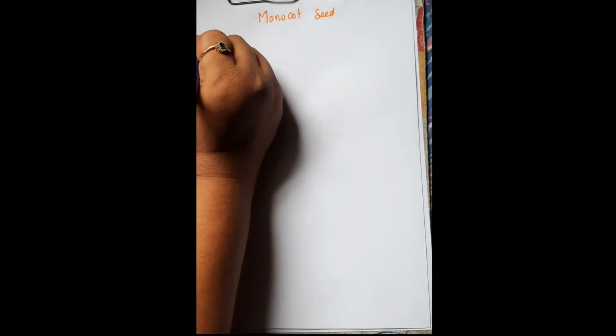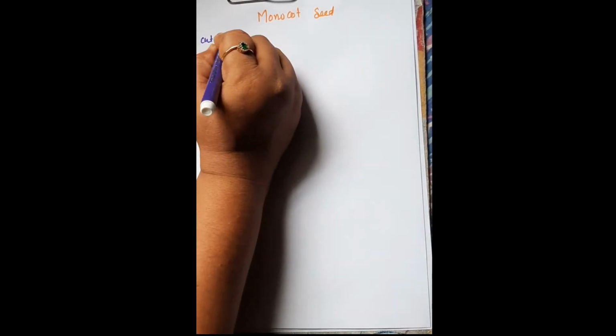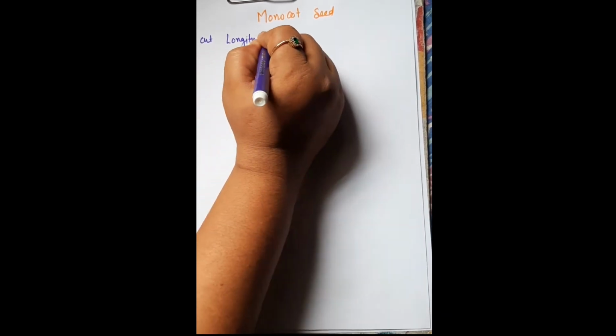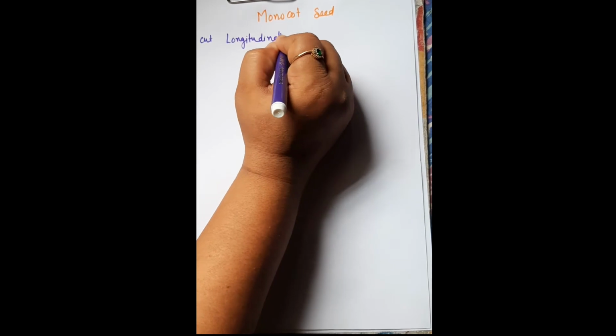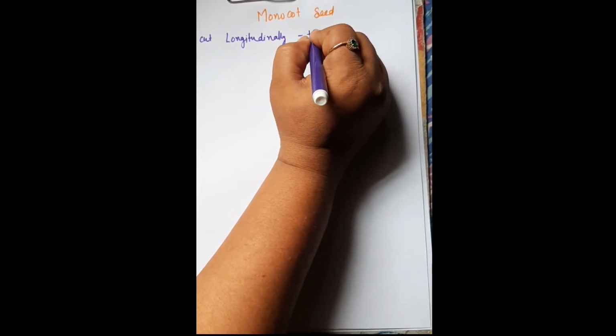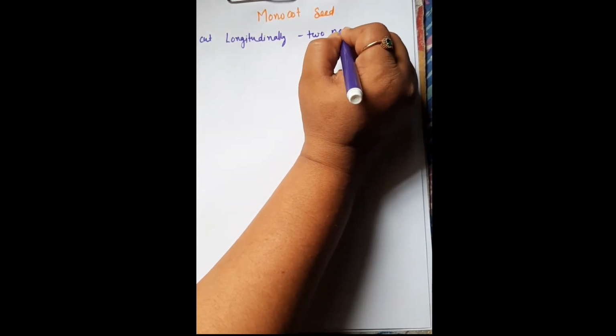Maize, we know, is flat, yellow, narrow at one end and broad at the other end. When we cut the maize seed longitudinally, it shows two parts.